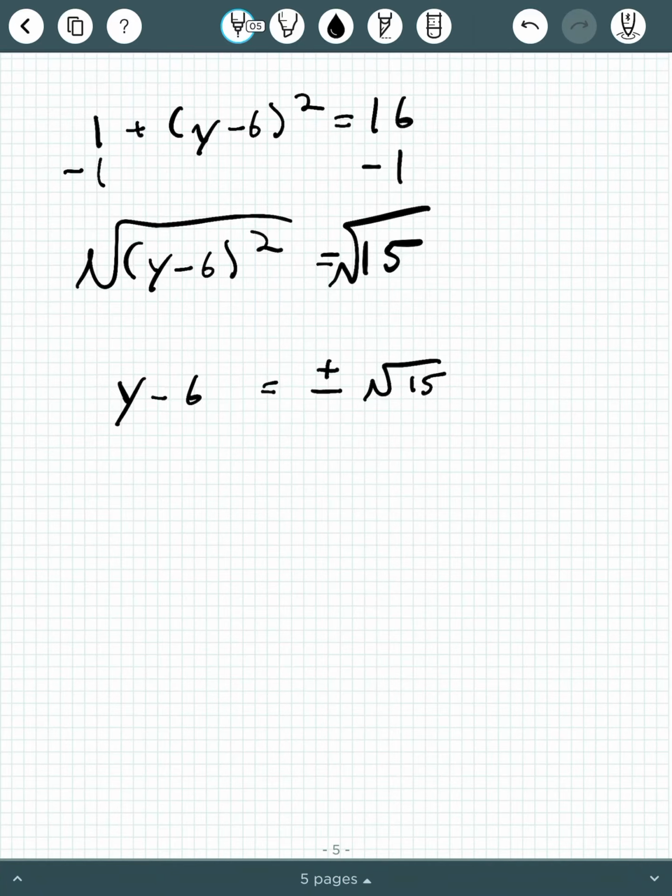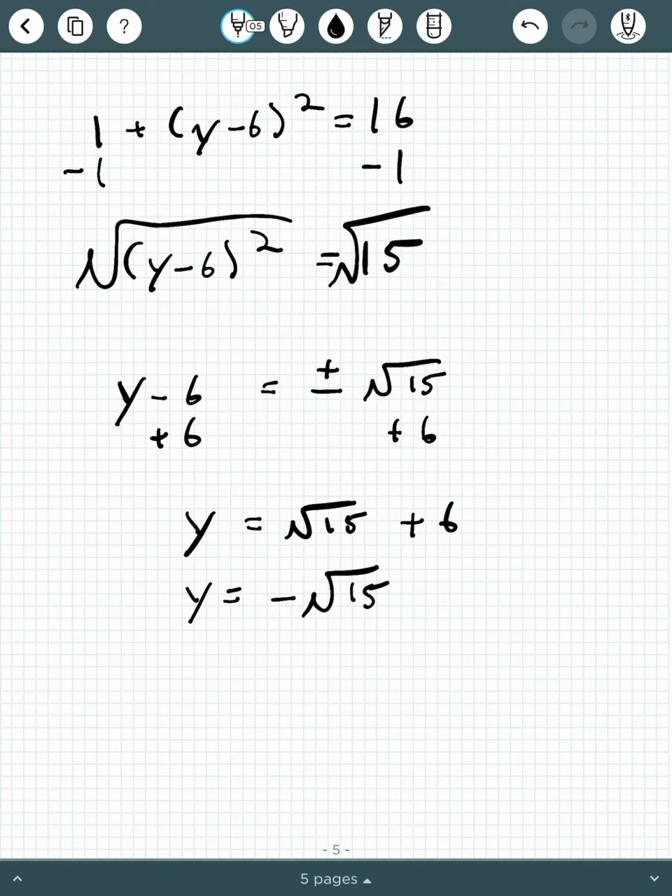The reason I referenced using a calculator here is because as we continue, I'll see that y is equal to the positive square root of 15 plus 6, and y is also equal to the negative square root of 15 plus 6. Those are fine answers. They're actually really excellent because they're in exact form. But for me trying to visualize a point on the coordinate plane, I have a little trouble discerning where the square root of 15 plus 6 is at.